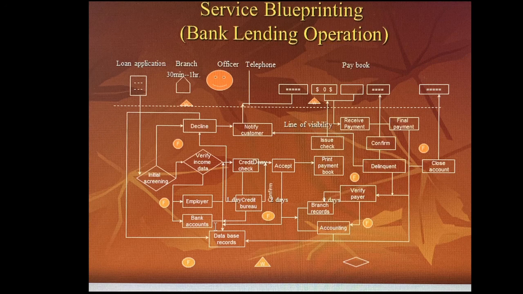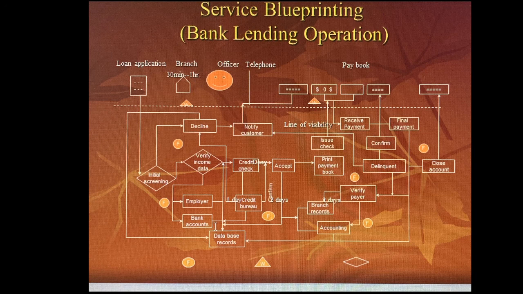So this is the method that any person applying for any type of loan will go through. Here I put verifying income data, then they will talk about bank records, then I put database records.